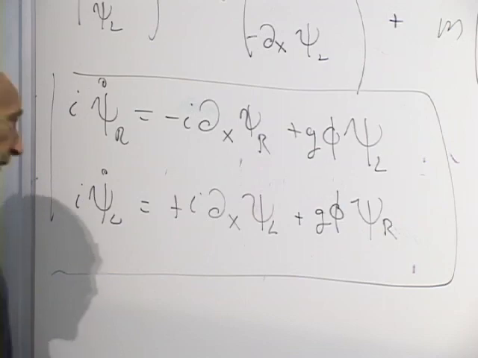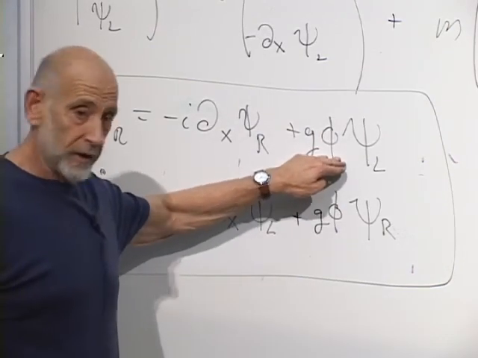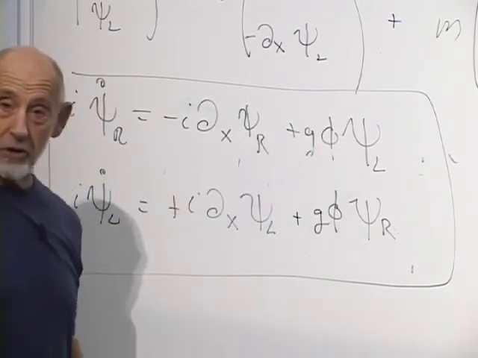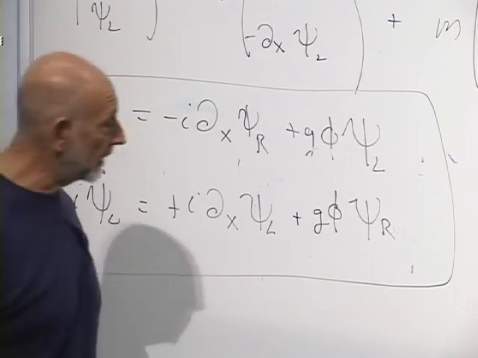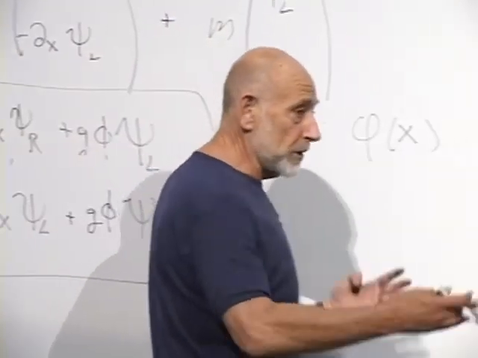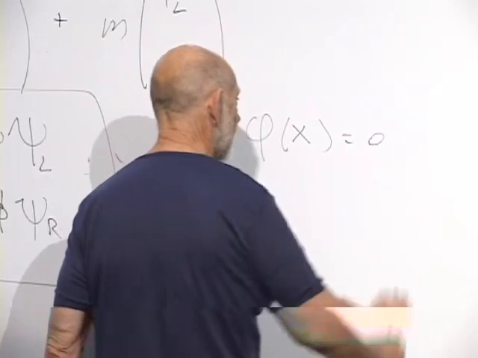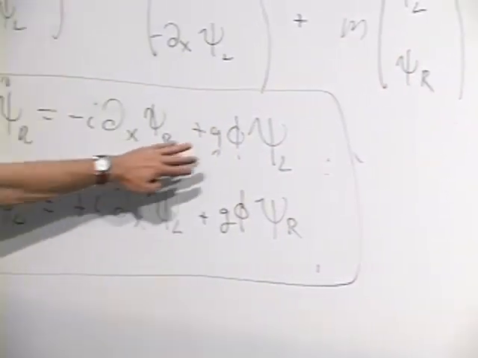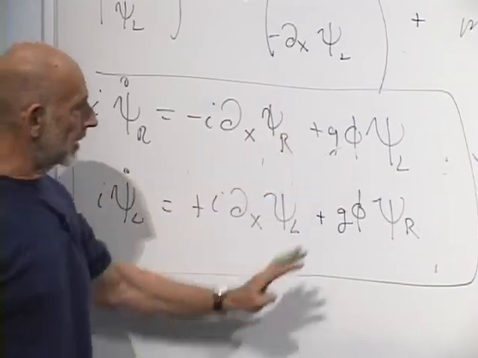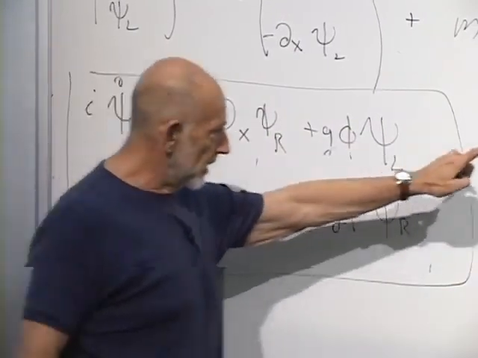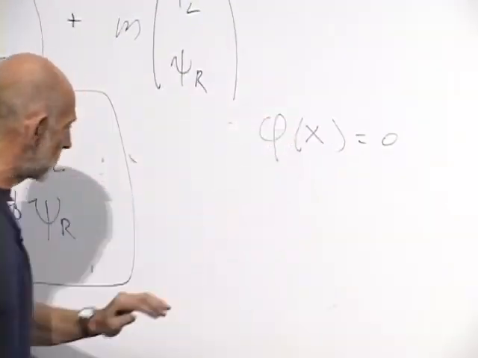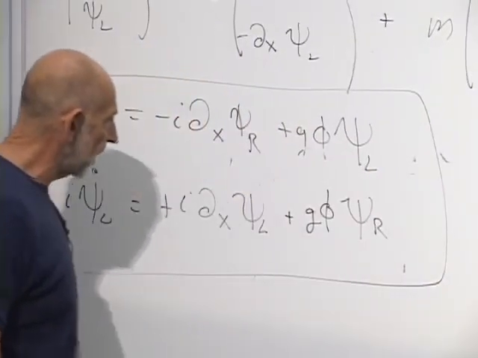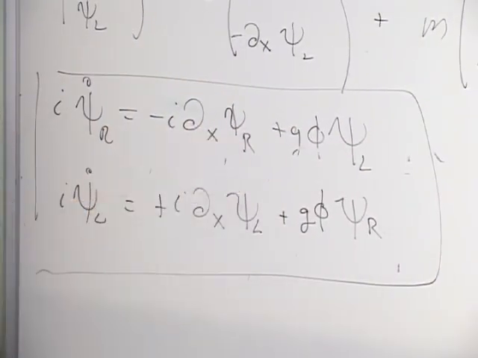If the vacuum was such that the field phi were equal to 0, as you normally would think for empty space, then this term wouldn't be there, and you would just have the massless electron.